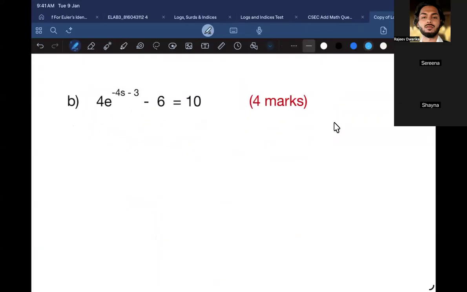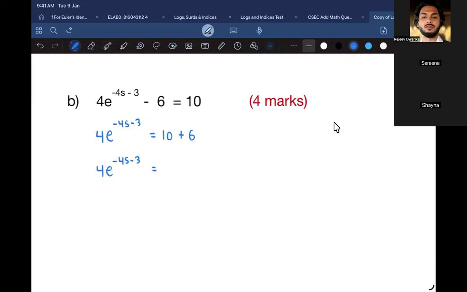So I could say that this would be 4e to the power minus 4s minus 3 equal to 10 plus 6. Did I confuse you? No, sir, because you're adding a constant 6. So you'll add 6. Right?